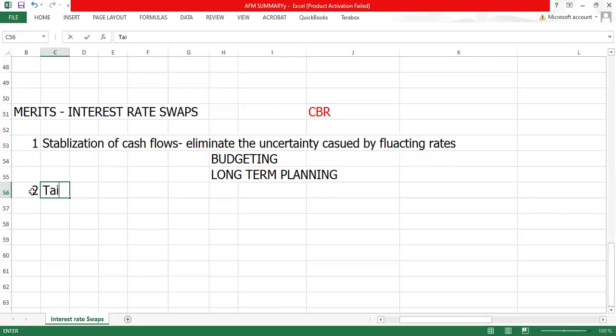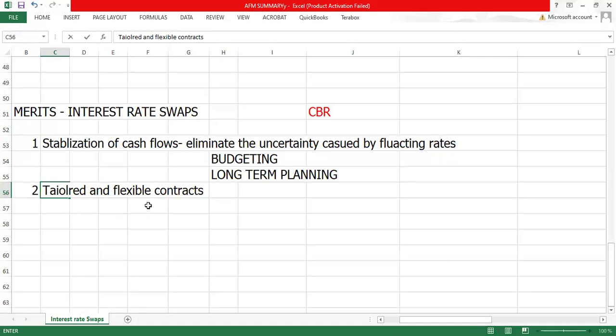it is tailored and flexible. We have tailored and flexible contracts. Swaps can be designed to exactly match the exposure in amount.